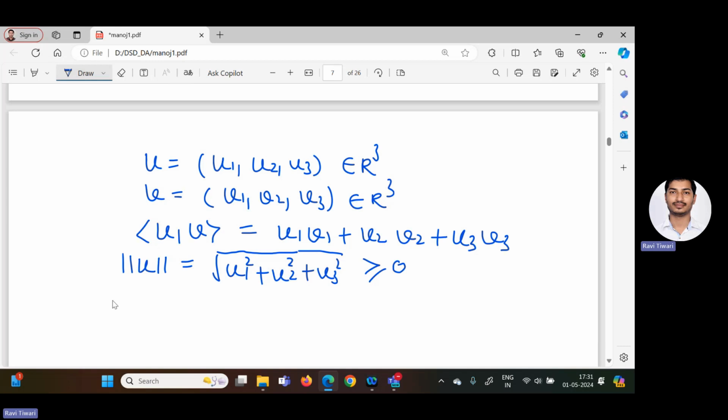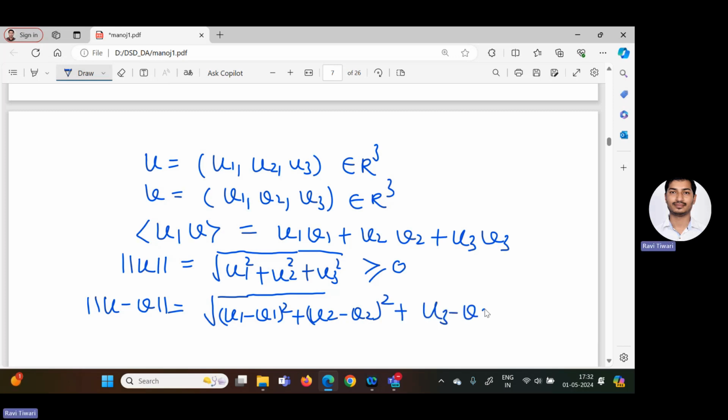Similarly, the length of U minus V we can calculate as we calculate the distance between two points: under root of U1 minus V1 whole square plus U2 minus V2 whole square plus U3 minus V3 whole square. So this is the concept by which I can calculate norm of U and norm of U minus V.